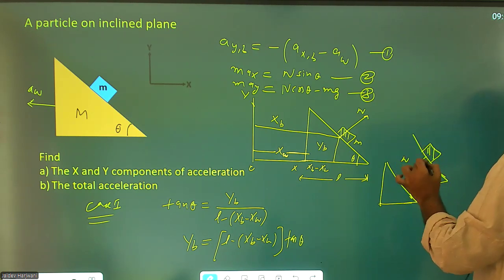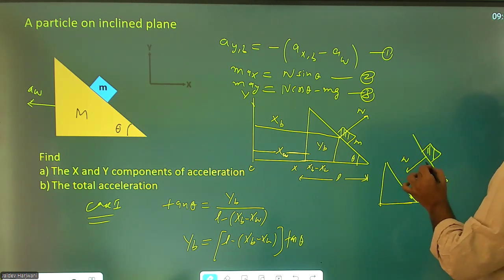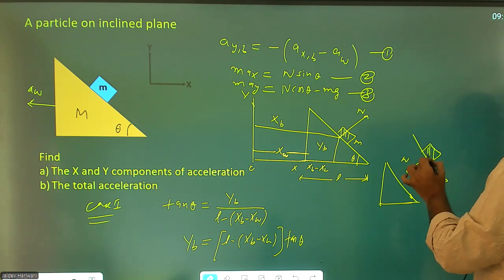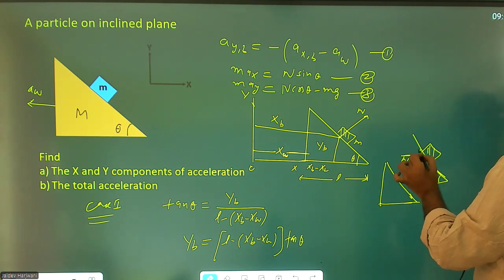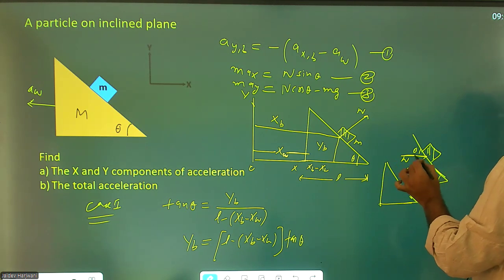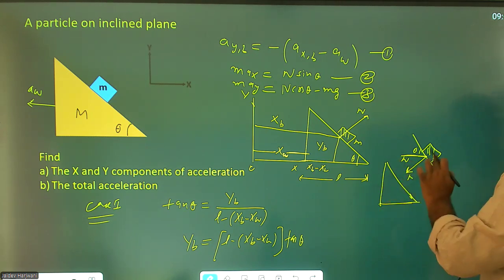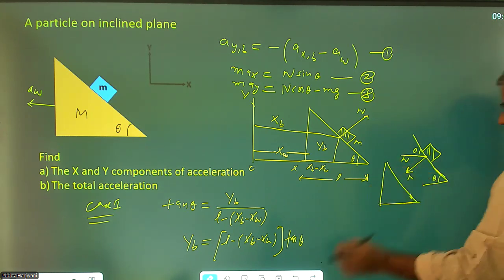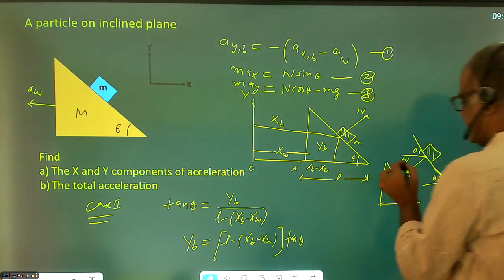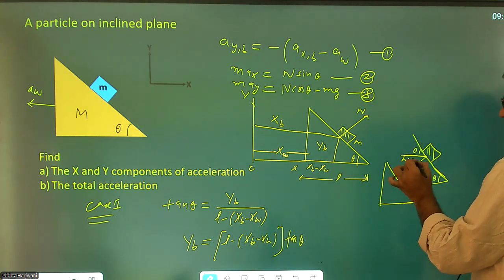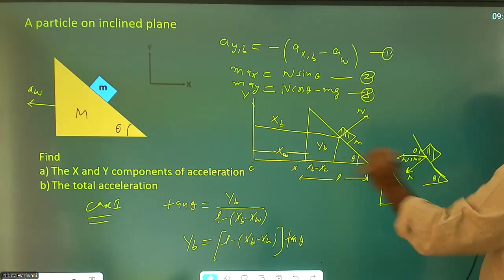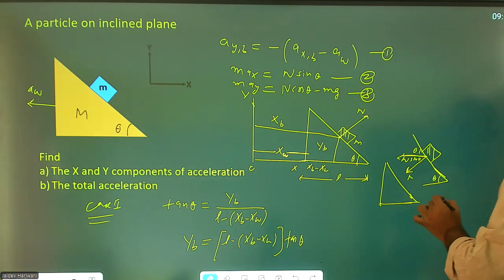Okay, this is my N. If I calculate the component, this angle is theta, so this angle is 90 minus theta. So if I calculate the component of this N in this direction, this will come out N sine theta. This is N sine theta in this direction.